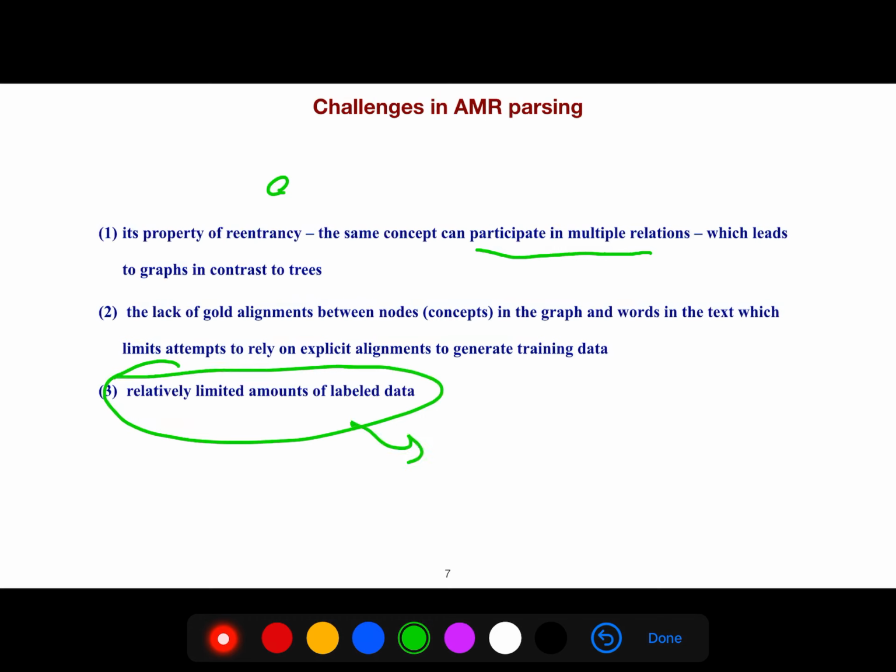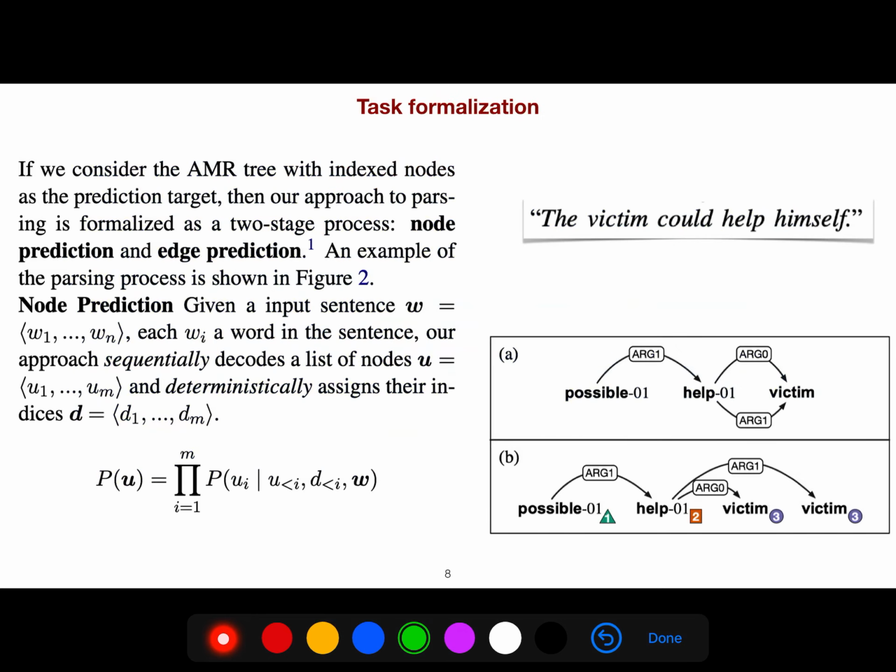For example, I'm working on Persian AMR. We have very little data. I'm sure in many languages there is very little. For example, in Dutch or German there is very little labeled data, so people have struggled with these expensive datasets.